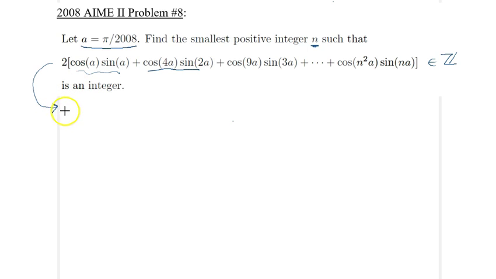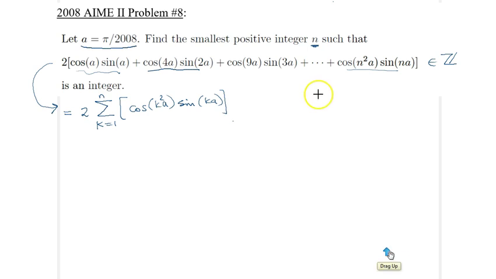So I will have this whole thing equal to 2 times the summation, k equals 1 to n, of cosine k square a times sine ka, right?